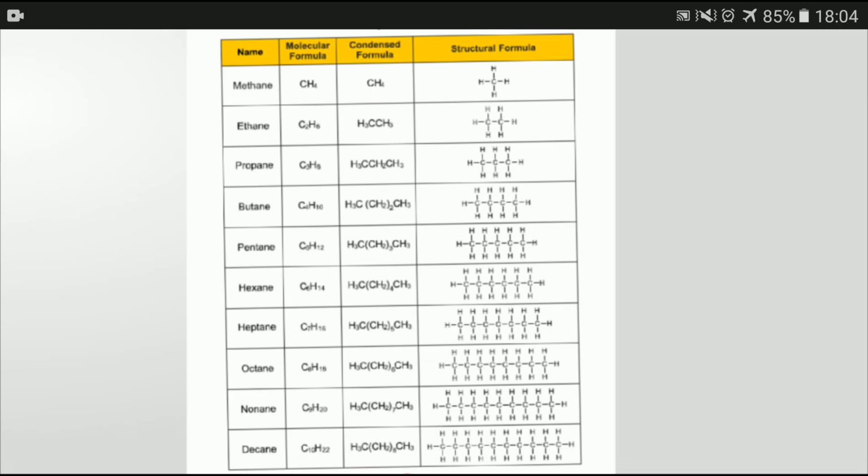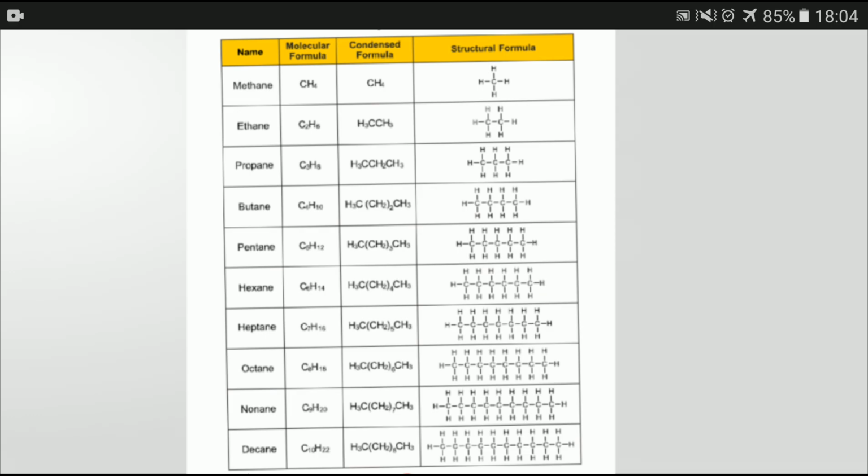Here all formulas of organic compounds are present, starting from methane to decane. Methane, ethane, propane, butane, pentane, hexane, heptane, octane, nonane, decane.